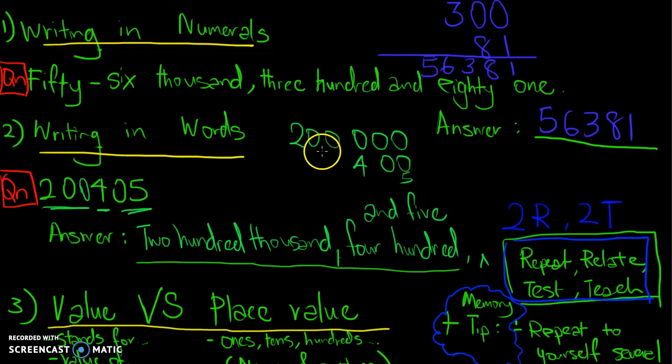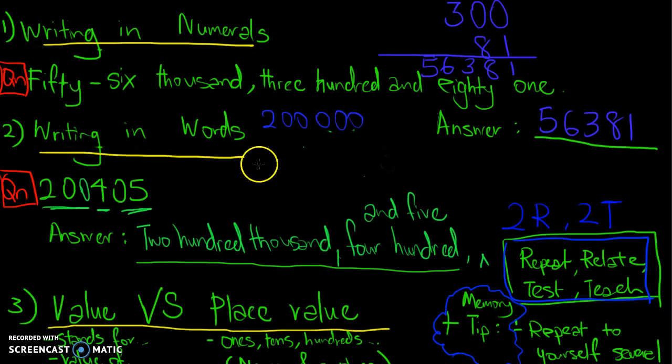What will I get? Let me erase this and write it somewhere else, in blue. So it's 200,000, 400 and 5. I'm doing this to check. I should end up with the same number here, so my answer is correct.